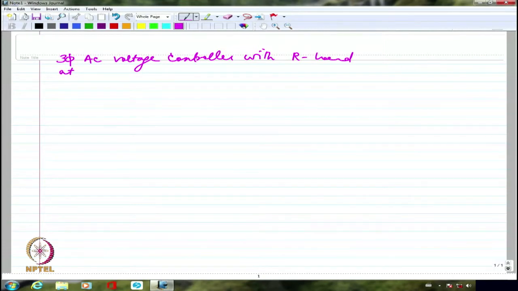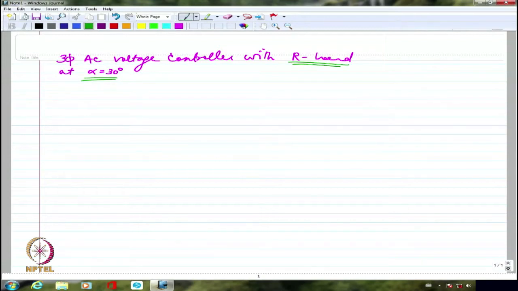So let me take alpha equal to 30 degrees for R load. Then we will proceed to RL, and with that we will conclude the AC voltage controller. We are not going to dwell on it for too long.